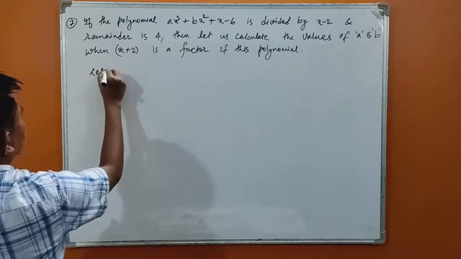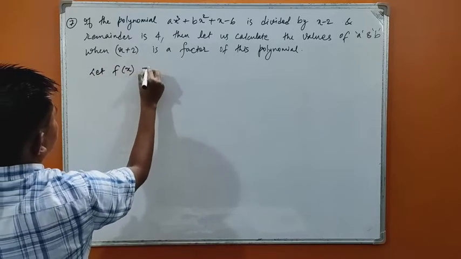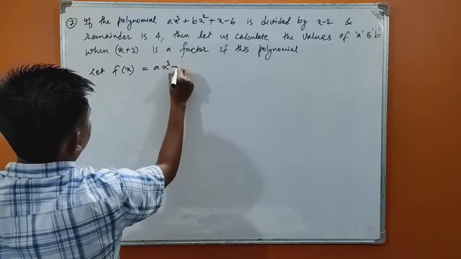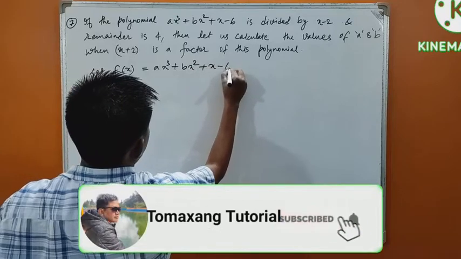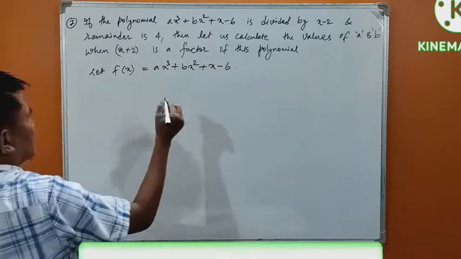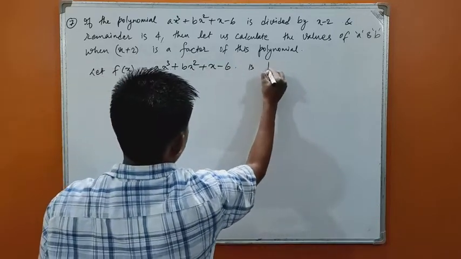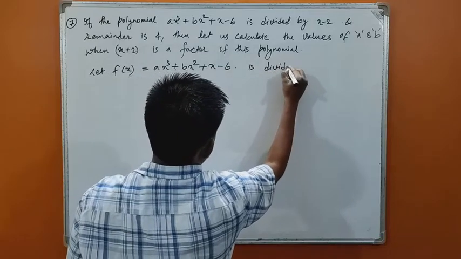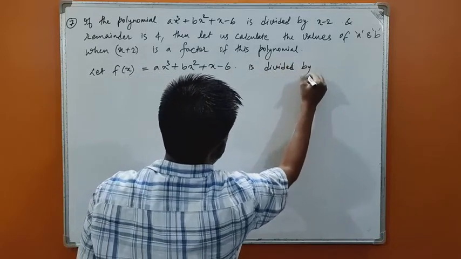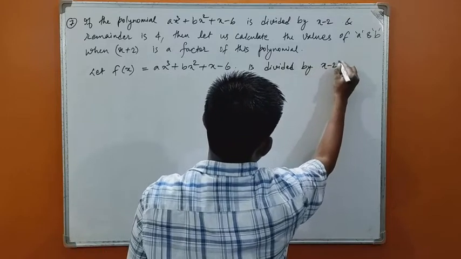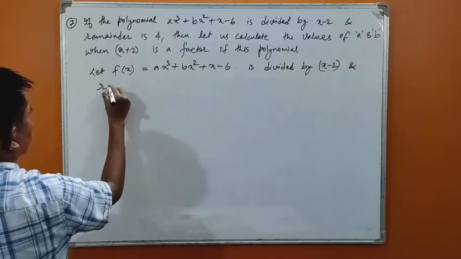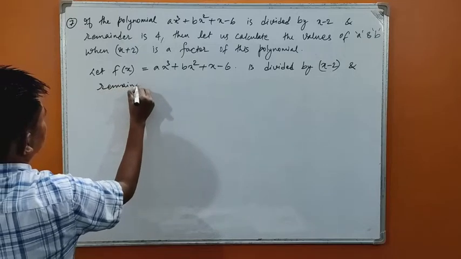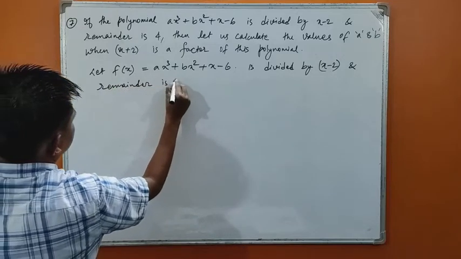Let f(x) equal to ax cubed plus bx squared plus x minus 6, is divided by x minus 2 and remainder is 4. Remainder is 4, isn't it?